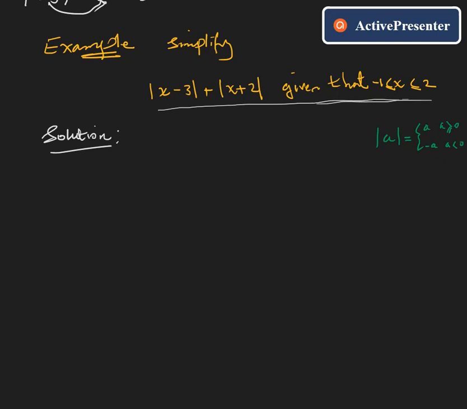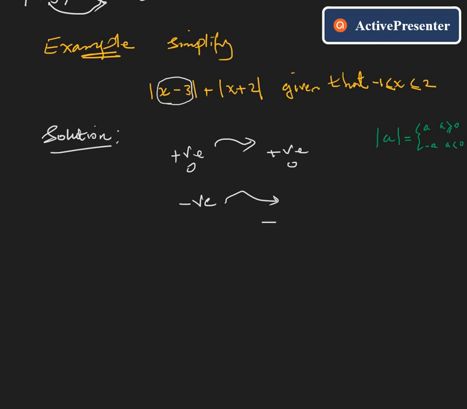We are interested in knowing whether this value is positive or negative. If it is positive or 0, the absolute value will stay as it is. If it is negative, we will take the negative of the negative.